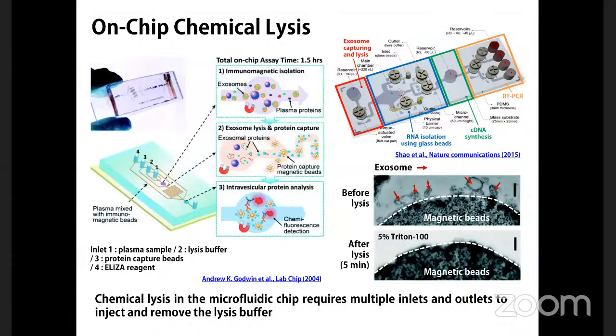In addition, as in the upper right chip, if microRNA-based PCR is performed after lysis, an additional outlet for removal is required. Because the lysis buffer inhibits PCR performance, the lower right side is a time image of the exosome attached to the magnetic bead. When the chemical lysis was performed, it can be seen that the exosome existing near the magnetic bead disappeared.